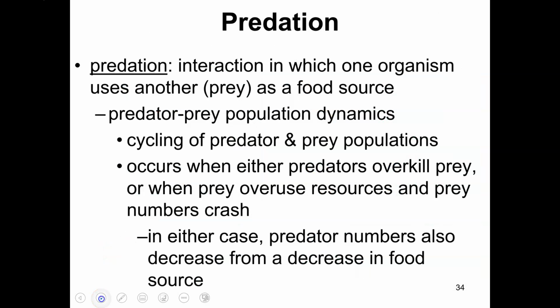So I'm going to go right to the next page. The next thing is predation. Predation occurs when one organism uses another organism as prey. So this is a predator-prey population dynamic. And when you have this type of dynamic, predator and prey keep the opposite in check.